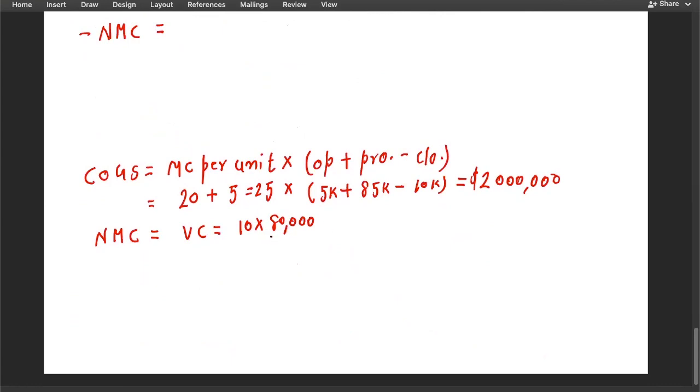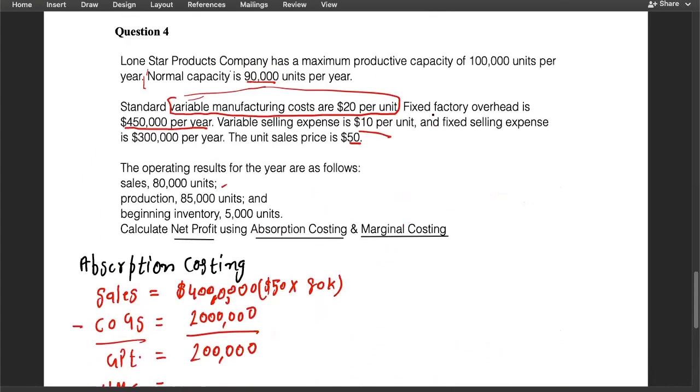This number is right, which is 800,000. Plus fixed non-manufacturing cost, which is 300,000 for 1 year.